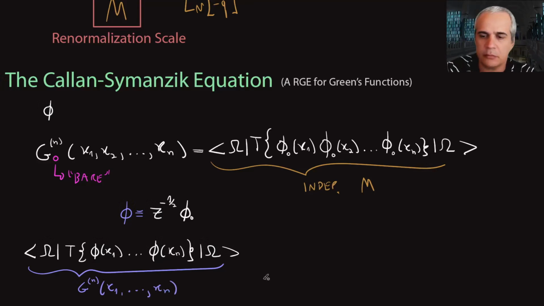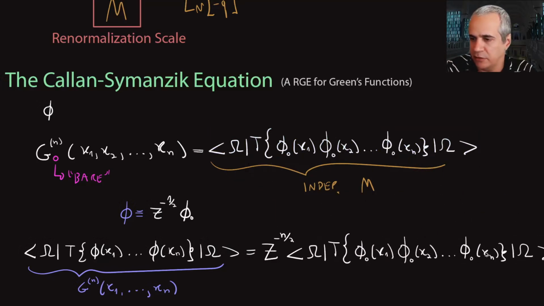And this is related to the previous Green function by this transformation. Since I have n fields on the right side, I can just write this as Z to the minus n over 2 times this expression here.